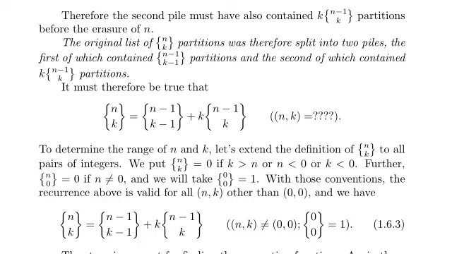The original list of {n, k} partitions was therefore split into two piles, the first of which contained {n-1, k-1} partitions, and the second of which contained k times {n-1, k} partitions. It must therefore be true that {n, k} equals {n-1, k-1} plus k times {n-1, k}.